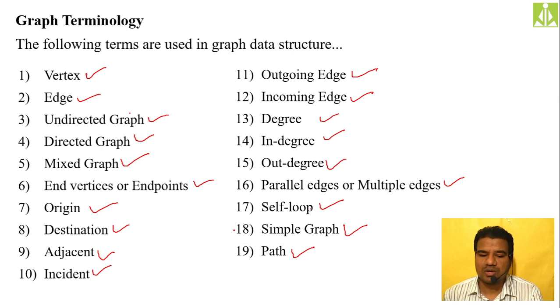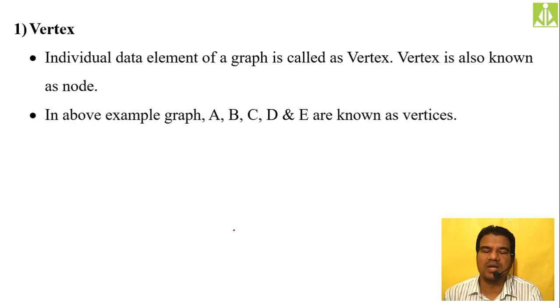So quickly, we'll start the terminological terms. What is a vertex? A vertex is nothing but an individual element inside your graph.